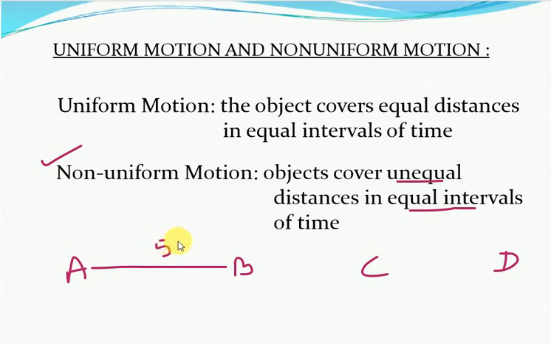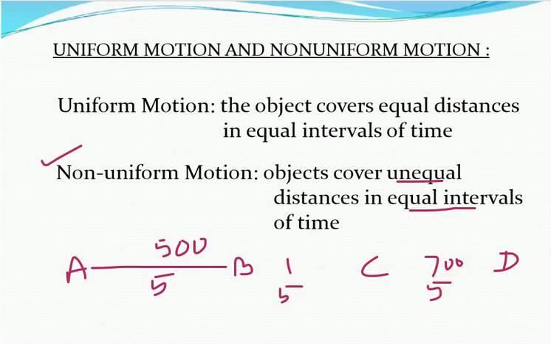From B to C the distance is 1 kilometer. From C to D the distance is 700 meters. But the time duration is the same. From A to B it is 5 minutes, B to C 5 minutes, C to D 5 minutes. So here the time duration is the same, but the distances are different.